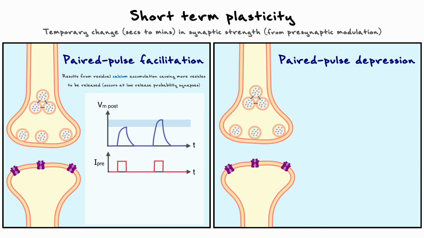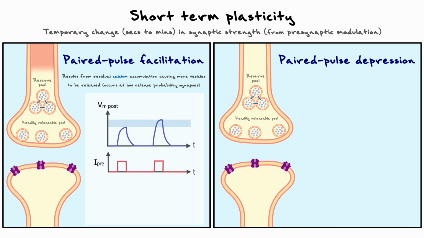Let's see how. First, remember that on presynaptic terminals, there are generally 2 communities of vesicles, the ones who are ready to be released, which form the readily releasable pool, and the ones that are in the reserve pool waiting to be docked at the membrane.